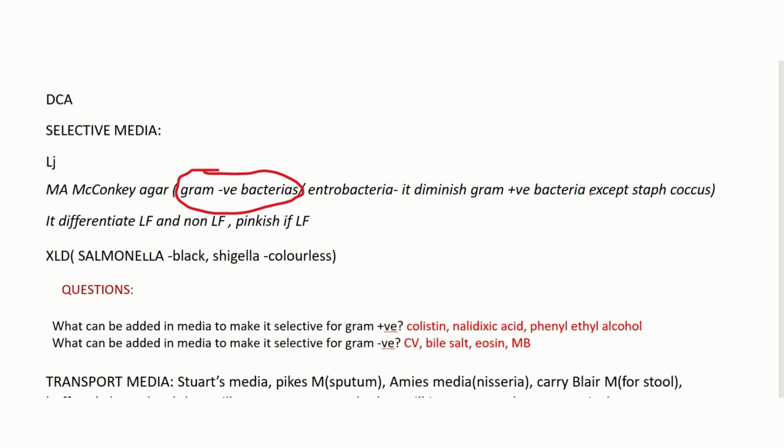It inhibits gram-positive bacteria except Staphylococcus. So Staphylococcus aureus usually grows in MacConkey agar, but all other gram-positive bacteria are inhibited by MacConkey agar. So this is an important one. The only gram-positive bacteria that grows in MacConkey agar is Staphylococcus.